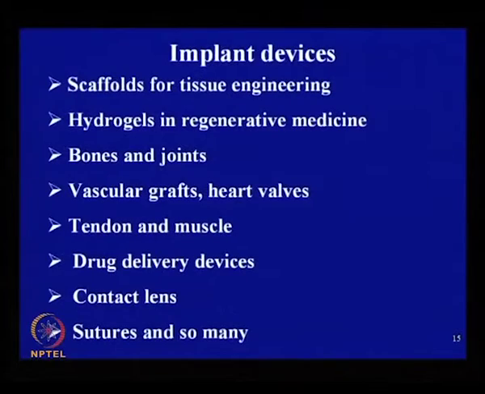So, hydrogels in regenerative medicine: bones and joints, vascular grafts, heart valves, tendon and muscle, drug delivery devices, contact lens, sutures, and a large number of applications can be mentioned.